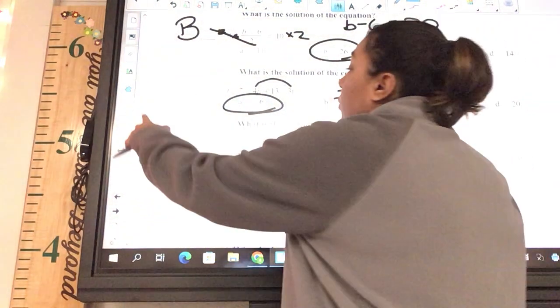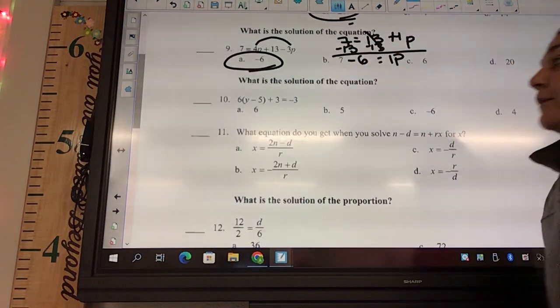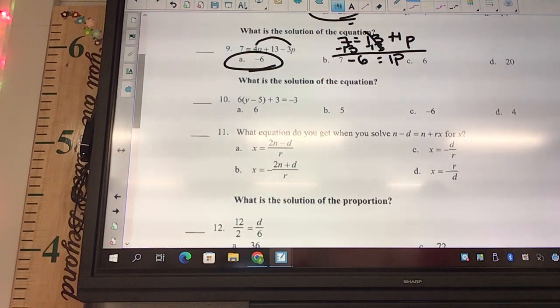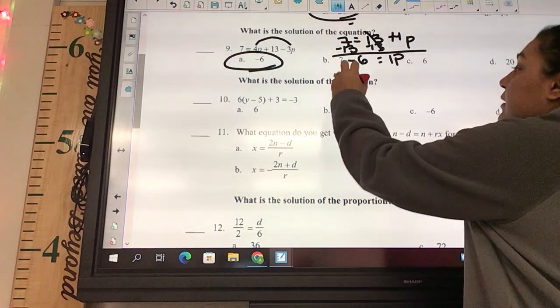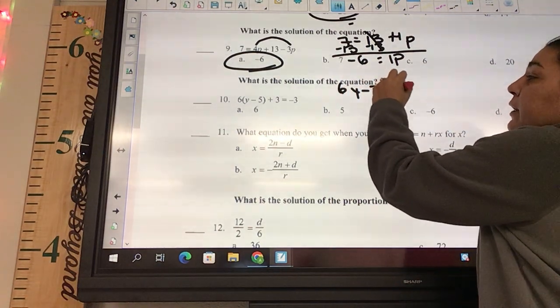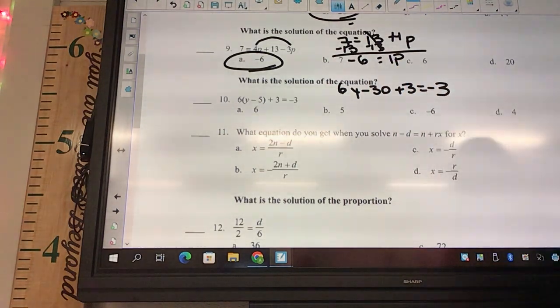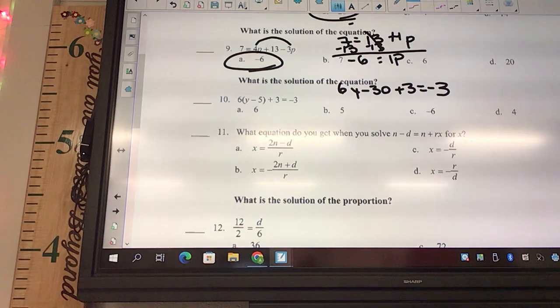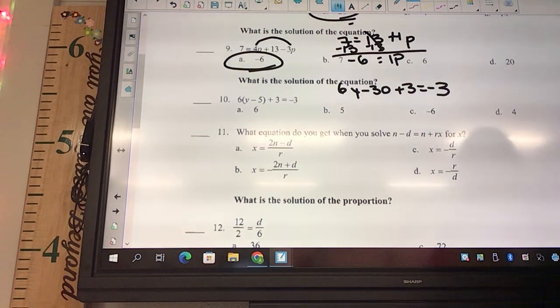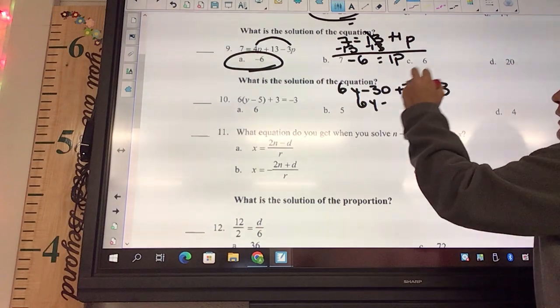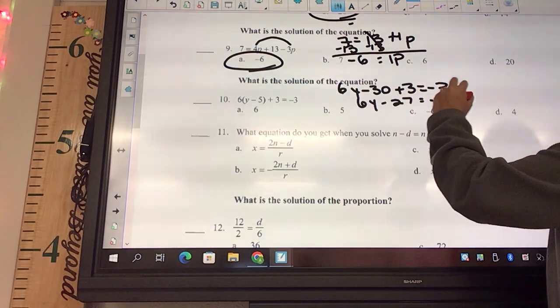Okay, this one, they want to know what is the solution to the equation. Okay, what needs done first? The parentheses. Okay, so I'm going to get 6y minus 30 plus 3 equals negative 3. Okay, and then what? Yep, so I'm going to get 6y minus 27 equals negative 3.